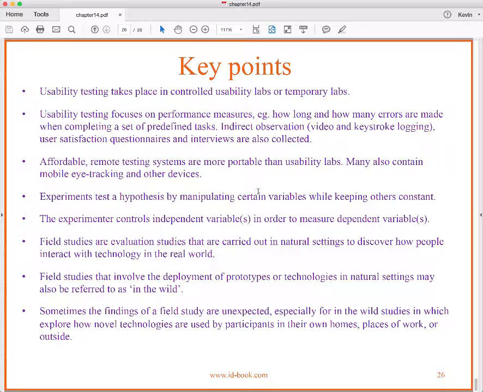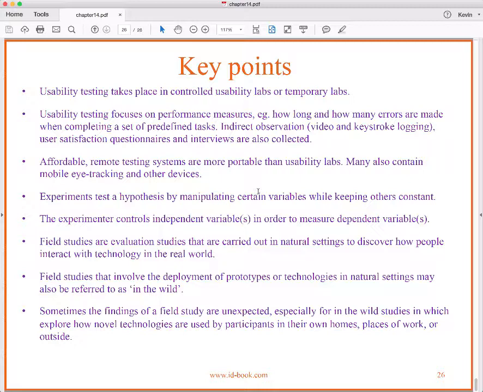When we really started talking about experiments, we got back to the old scientific method. And we're saying here that experiments test a hypothesis by manipulating certain variables while keeping others constant. The experimenter controls the independent variables in order to measure the dependent variables.